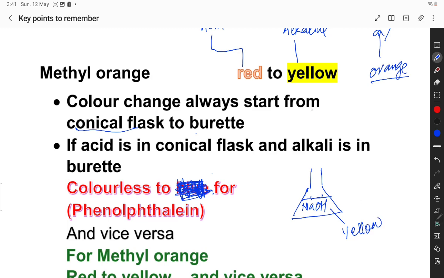If we place acid, HCl, in the burette, the color change will come after neutralization. The endpoint is yellow to red.